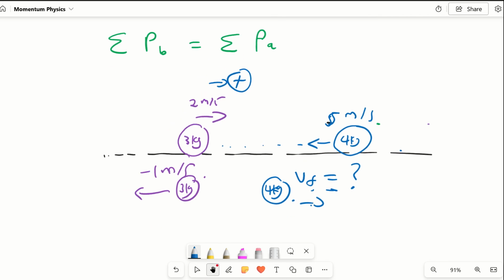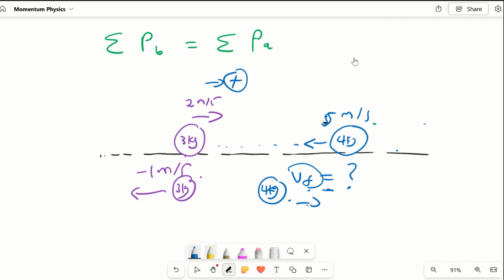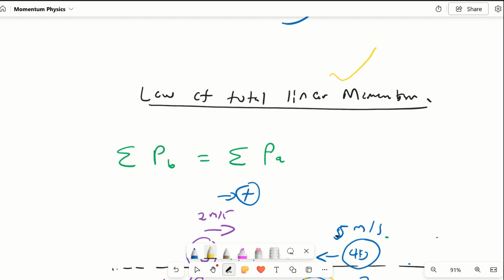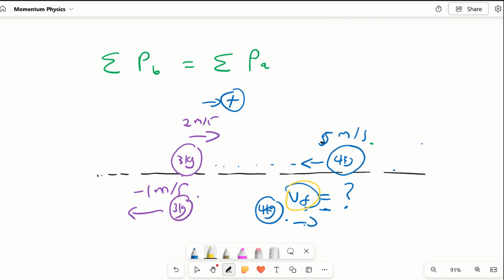So now, how are we going to calculate V final? Summary of the scenario, we're doing what we call the law of total linear momentum. It implies, loosely speaking, that total momentum before is equal to total momentum after. That is, when you add the momentum of this and this before collision, it is going to be the same as the momentum of this and this after collision.